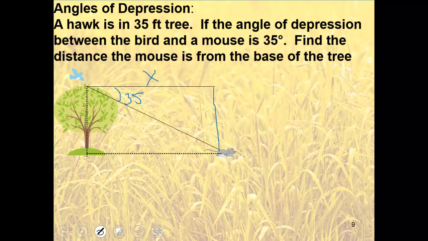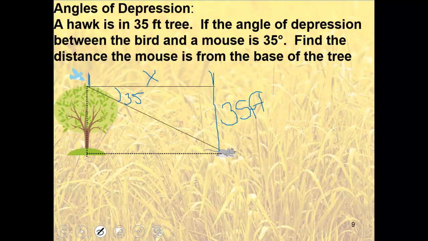Because in this triangle, you just have to use this top one because we're talking about an angle of depression. So we need to find the distance that the mouse is from the base of the tree. And how tall is the tree? Well, it's 35 feet.